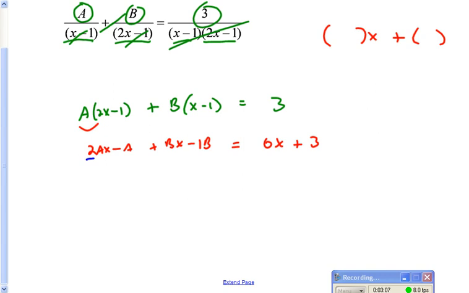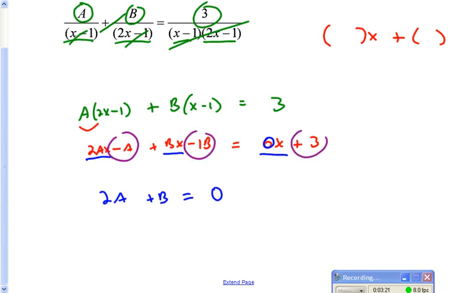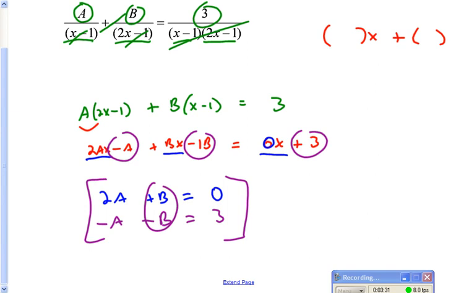Equating coefficients, for my x terms, I have 2a plus b equals 0. For my constant terms, I have negative a minus b equals 3. And there you have your top 12 problem you know how to solve. B is going to zero out and makes it real easy to find a.